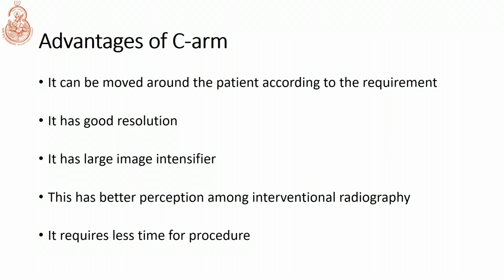The usual radiography may not be sufficient to see the lesions, while when we are using a C-arm, because of the large image intensifier, I am going to get a much better image of the part, especially when we are dealing with the vascular system.